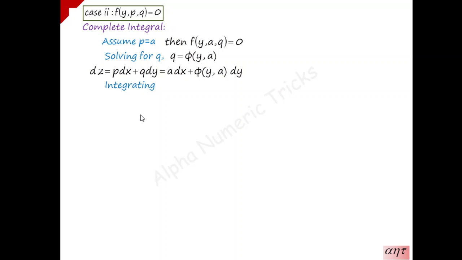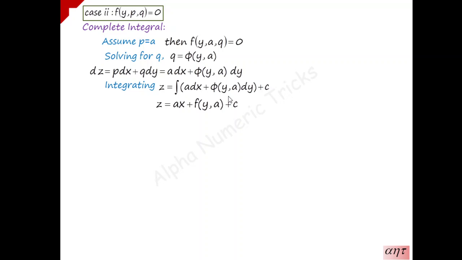Integrating, you get the integral of dz is equal to the integral of a dx plus phi of y comma a dy plus a constant of integration. Here z is equal to a into the integral of dx, which is x, plus the integral of phi of y comma a dy; integrating this again you get some other function of y comma a.